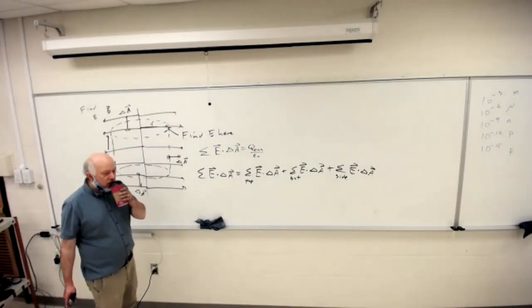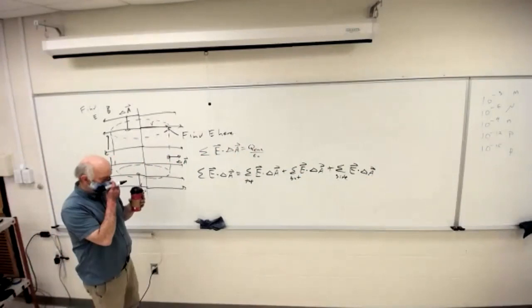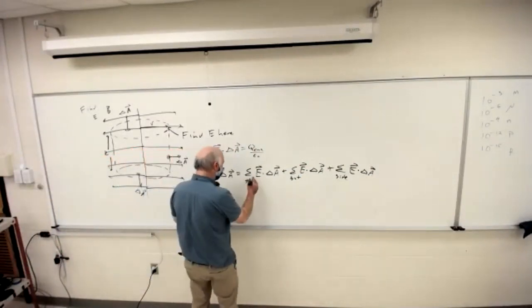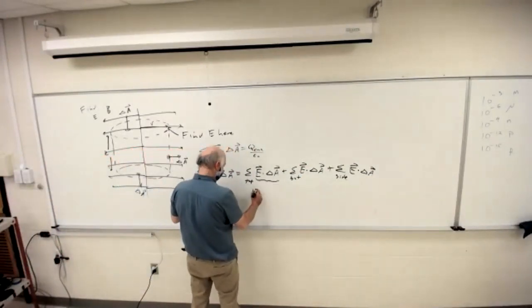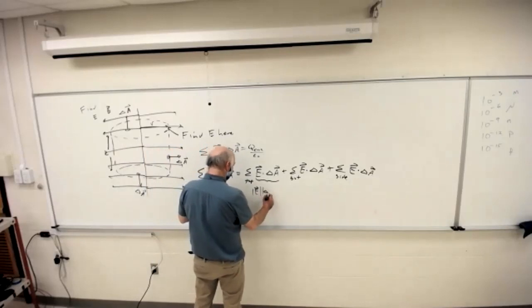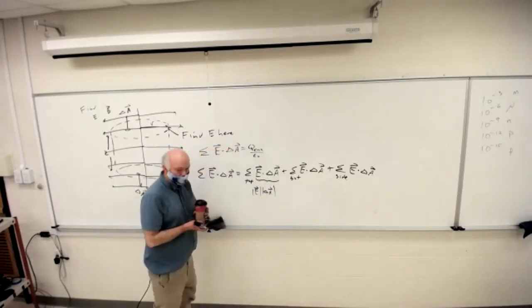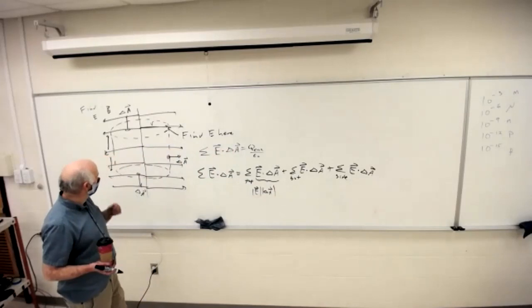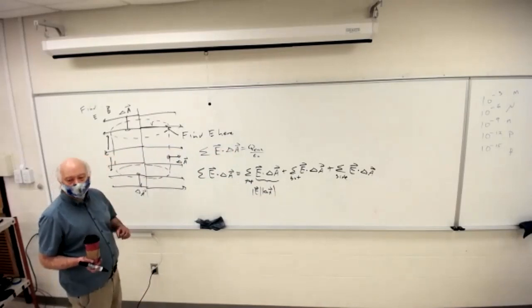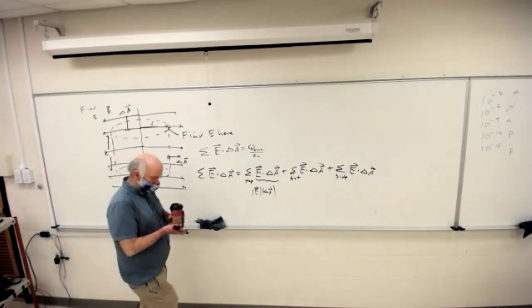What's the dot product? It's the magnitude of E, magnitude of delta A, times the cosine of the angle between the two.